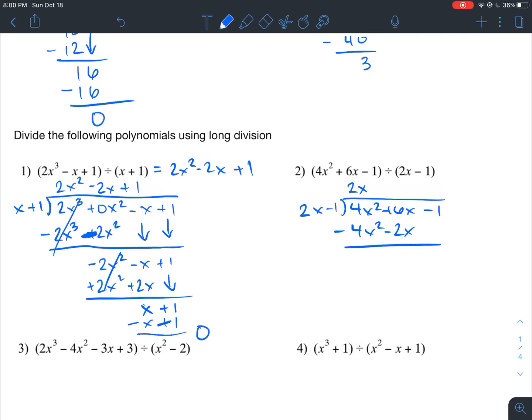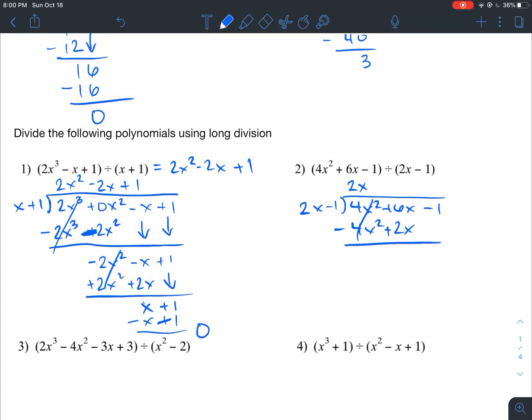Subtract them, so change the signs. That's 0. That's going to be 8x, and drop this right here. What number do you need to multiply 2x by to get 8x? That would be 4. So positive 4. 4 times 2x and negative 1, so it's going to be 8x minus 4.